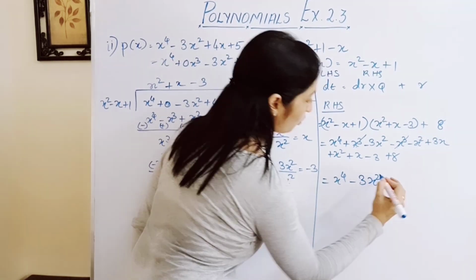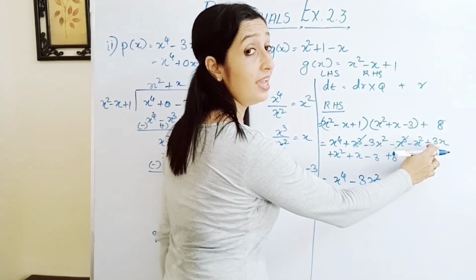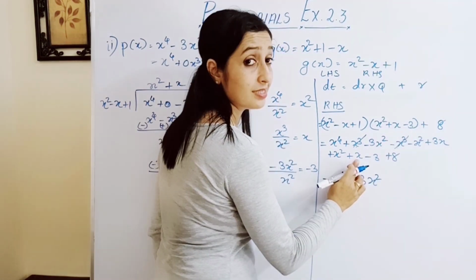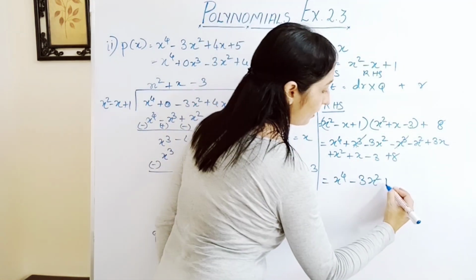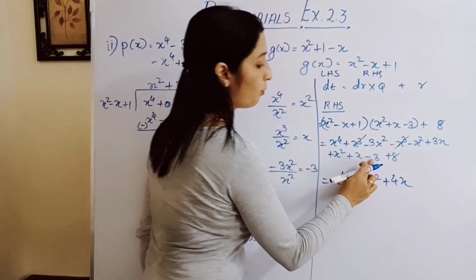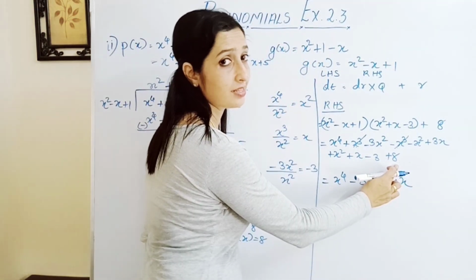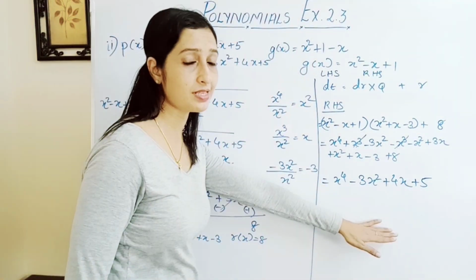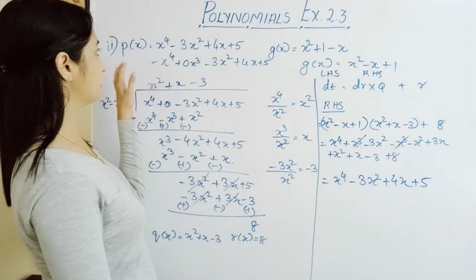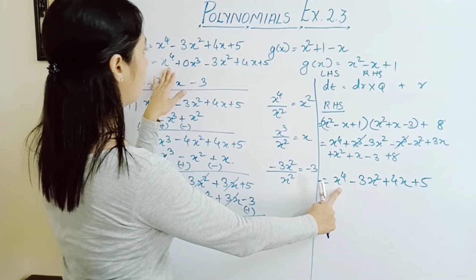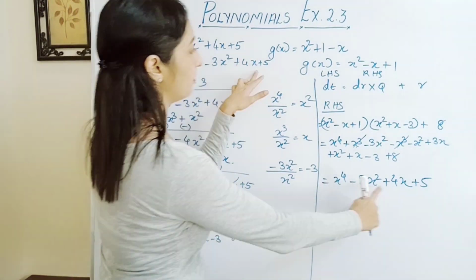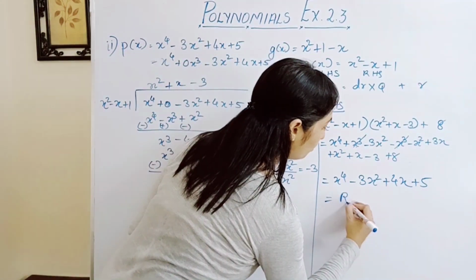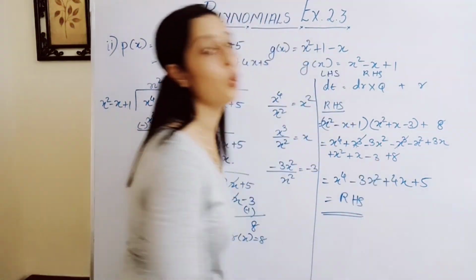Now let's go for the x terms, that is plus 3x plus x, that becomes plus 4x. Now minus 3 plus 8, what is that? Plus 5. Now let's check whether it is the same as our LHS, that is x raised to 4 minus 3x square plus 4x plus 5. So this is equal to LHS, hence verified.